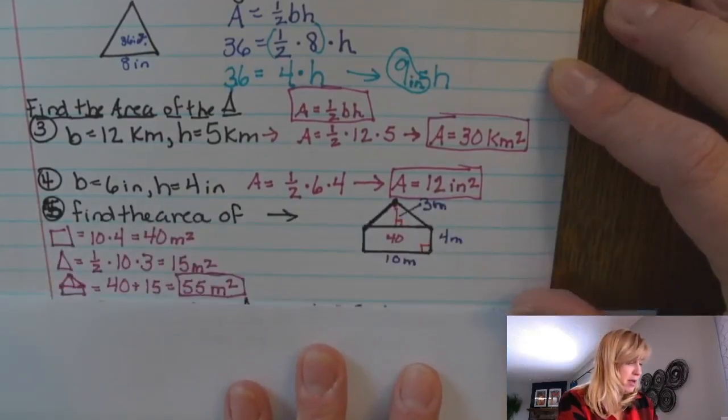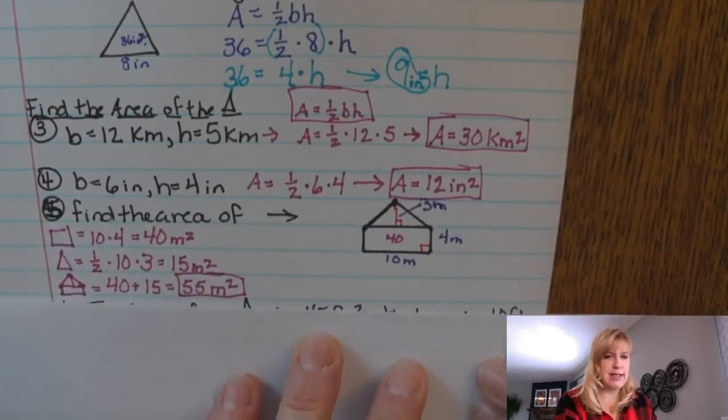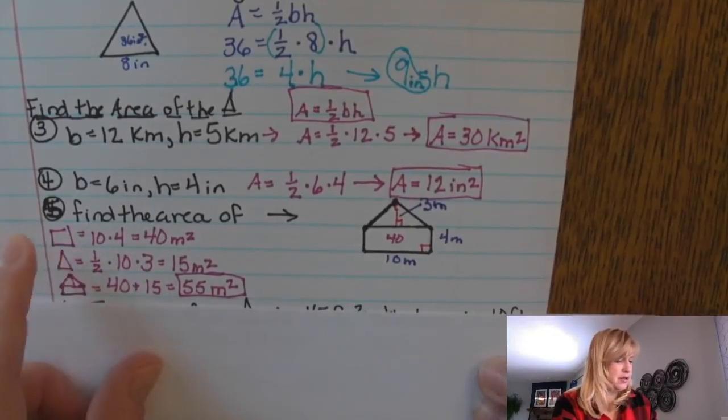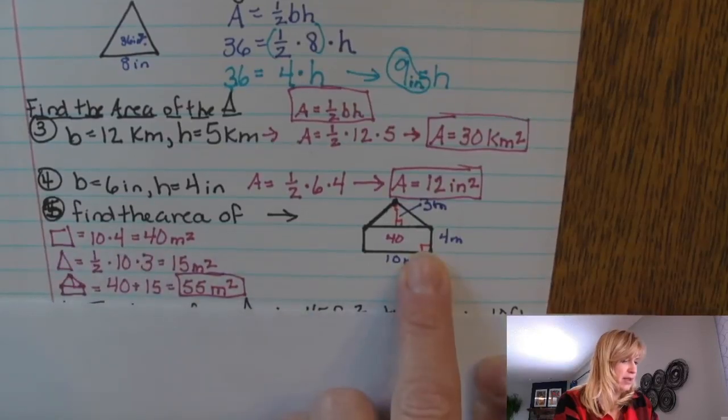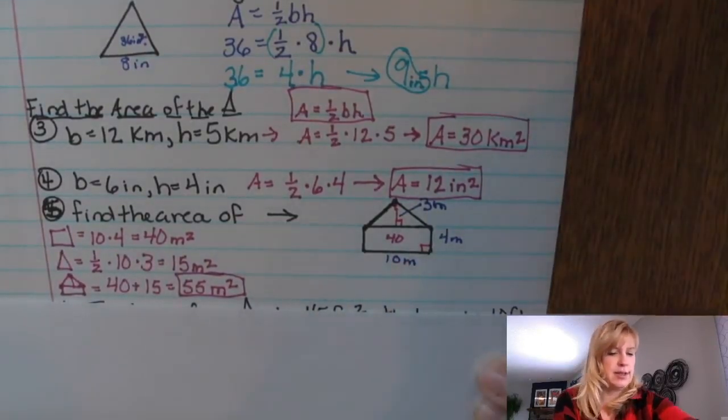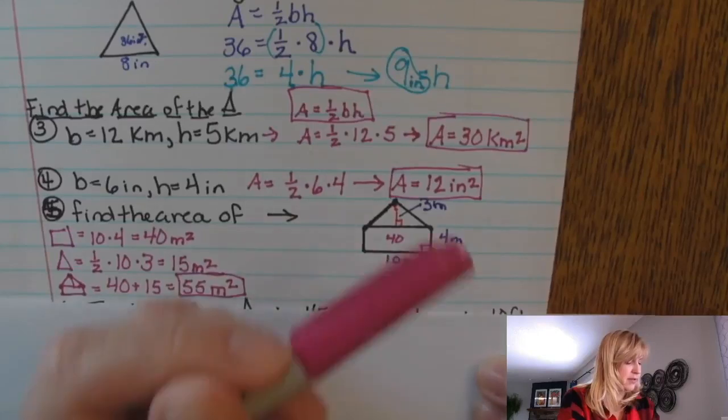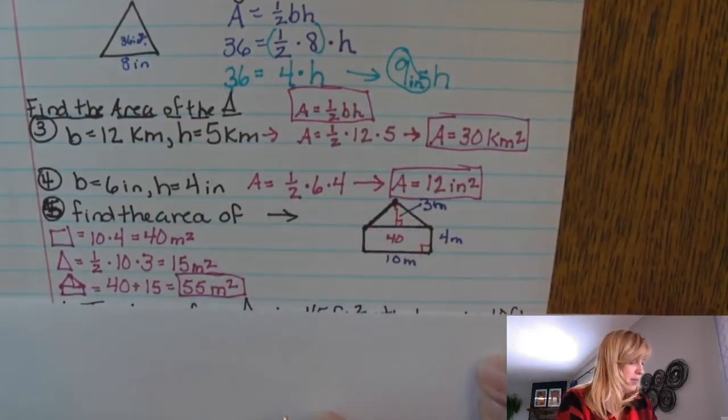Down here is a little bit more complicated. You'll notice what I did down here is I drew my little pictures like I like to do. So I found this first, which is 10 times 4, which is 40. I also put it right up here.